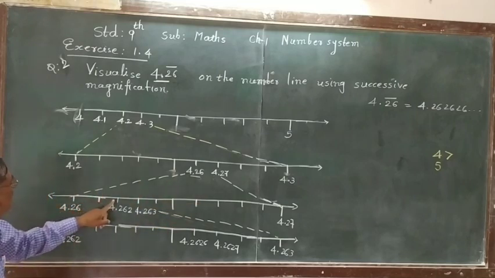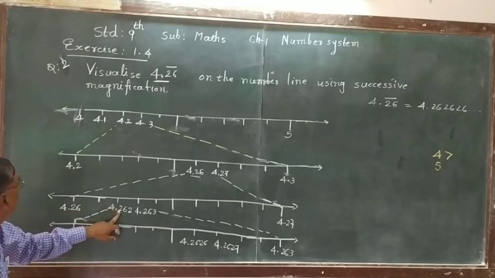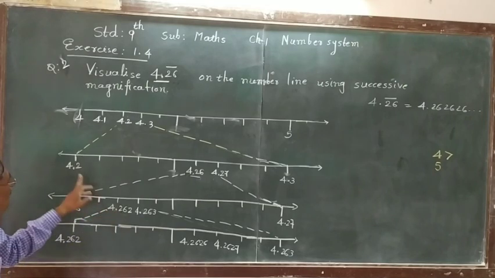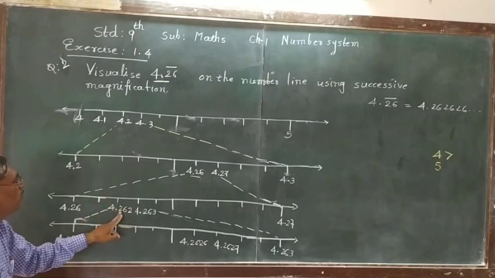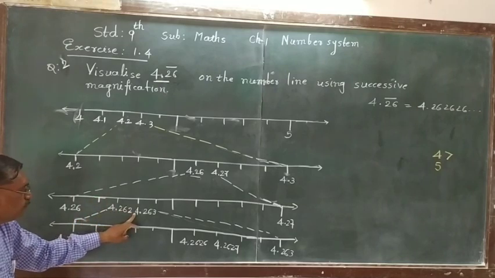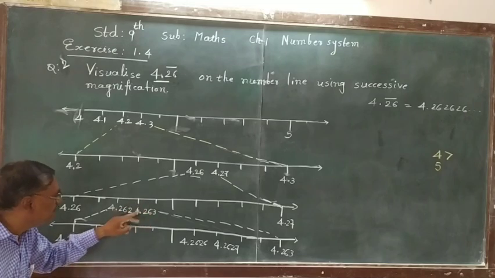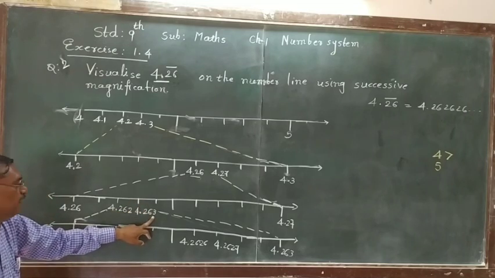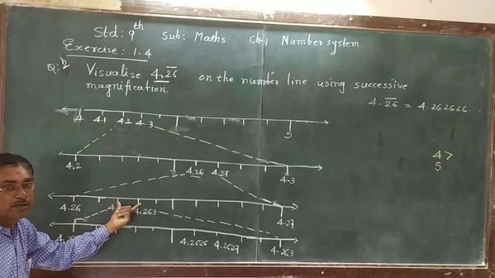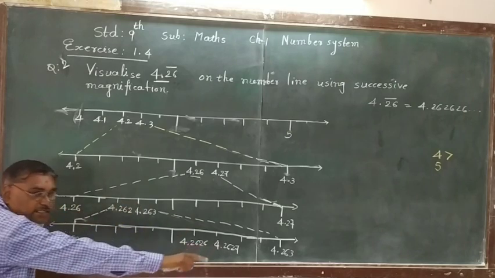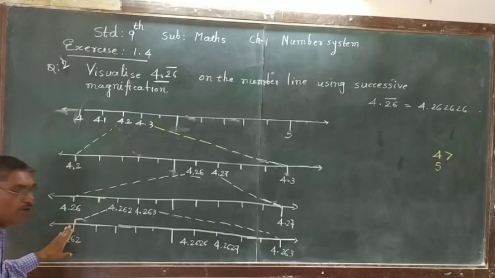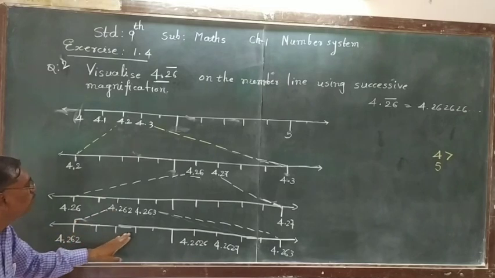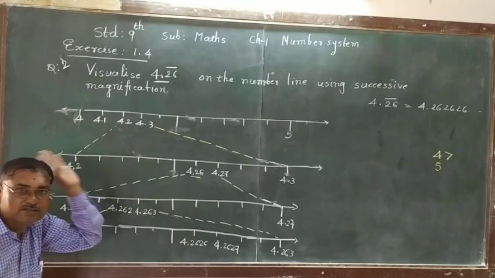So 1 and 2. This is 4.26. Then adding 1 and 2, 4.262, then 4.263. Now between these two numbers there are another 10 decimals, since between any two successive numbers we represent 1, 2, 3, 4, 5, 6, 7 and so on.